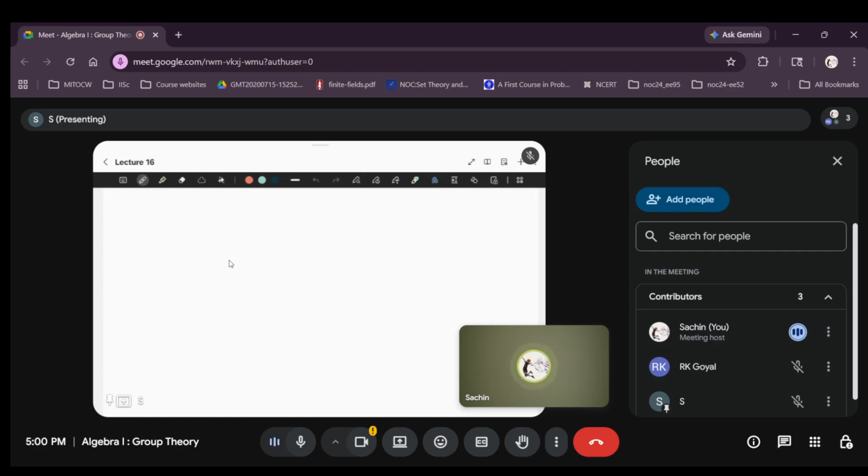So a ring is the most basic structure that we have. Then an integral domain has an additional property. It's a ring with an extra property that the product of two non-zero numbers is always non-zero.